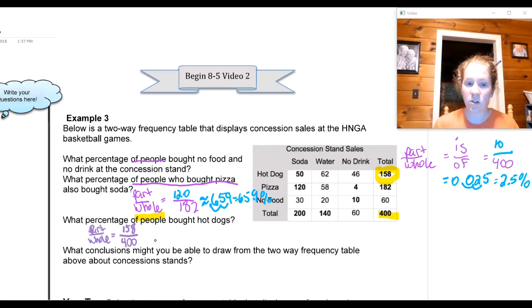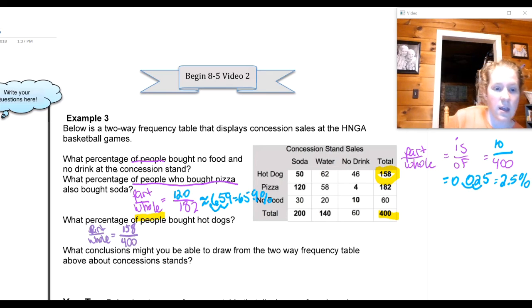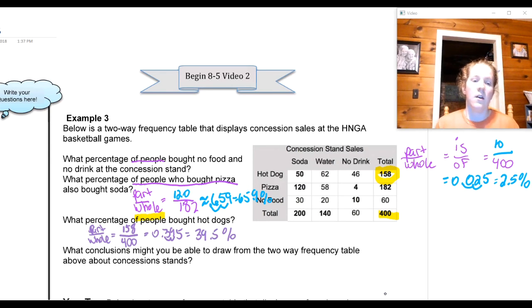So this is a marginal relative frequency because I'm taking a marginal value and I'm dividing by the total. So 158 divided by 400 is 0.395. Again, it wants a percentage, so I'm going to move my decimal 2 spaces, and I get 39.5%.